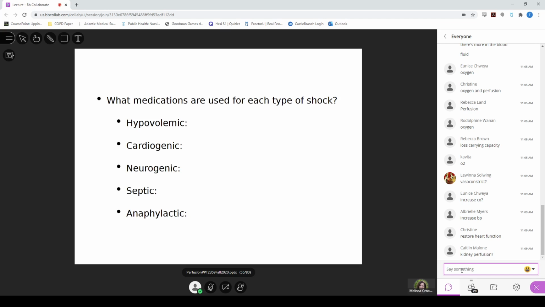And when you're replacing fluids in any type of shock, the rule of thumb is for every 1 mL of blood lost, you give the patient 3 mLs of isotonic crystalloid fluid, like normal saline or lactated Ringer's. And then epinephrine is that vasoconstrictor we talked about for anaphylaxis. That's kind of a quick overview before we go into this case study.